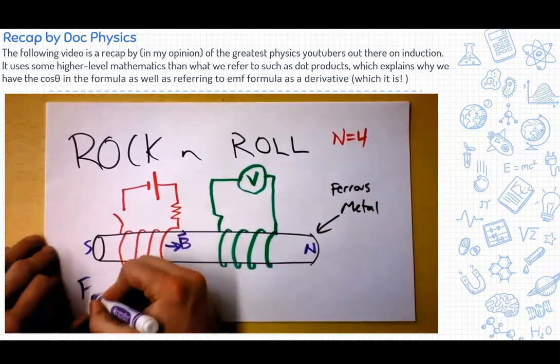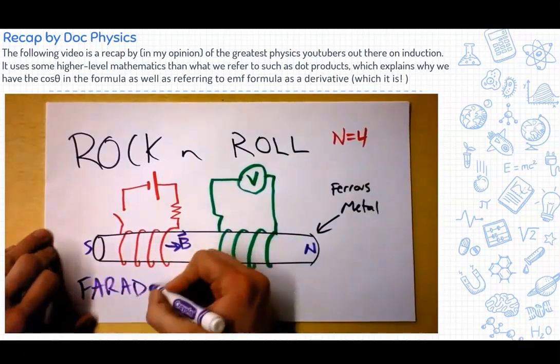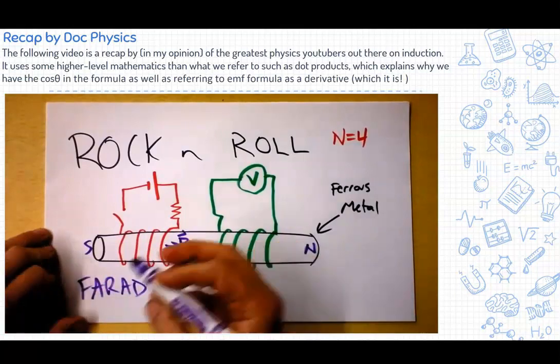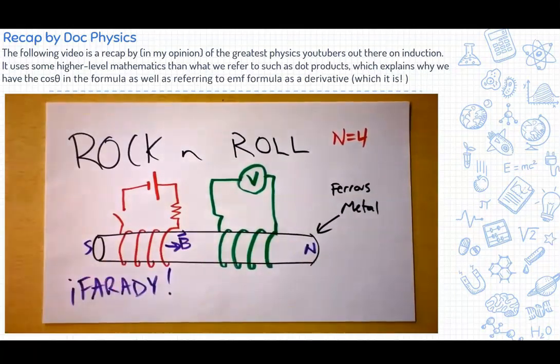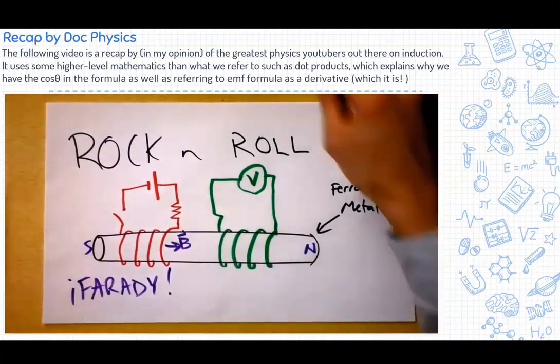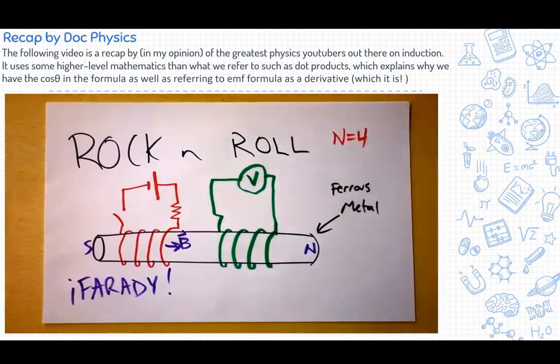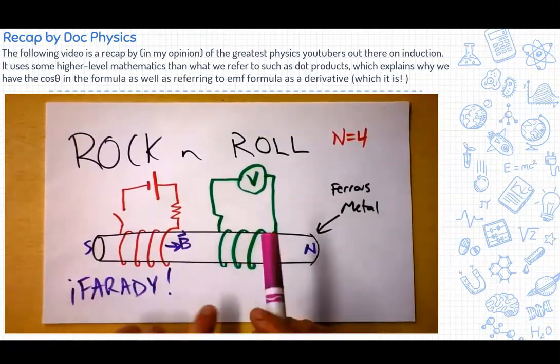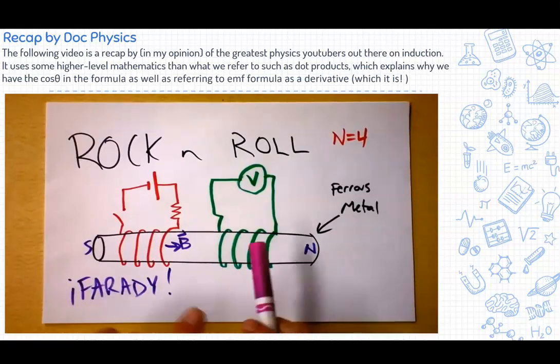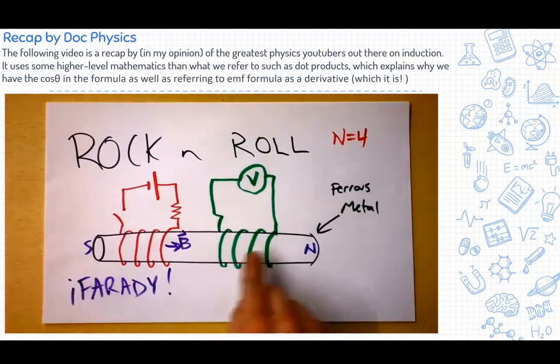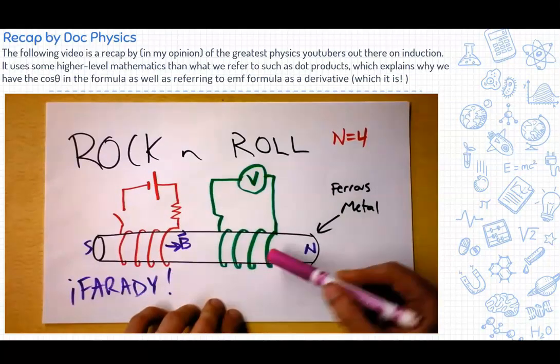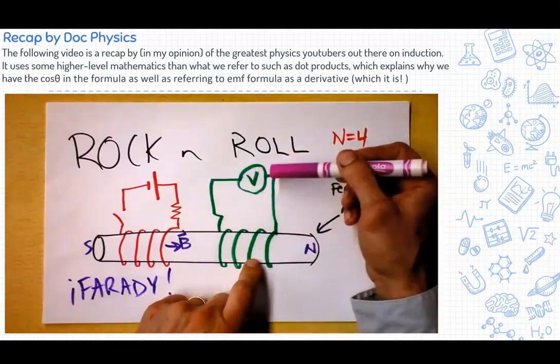And Michael Faraday is one of the physicists who sought symmetry because he knew that a current could make a magnetic field. He was wondering if a magnetic field could make a current, and he found that most definitely it could.